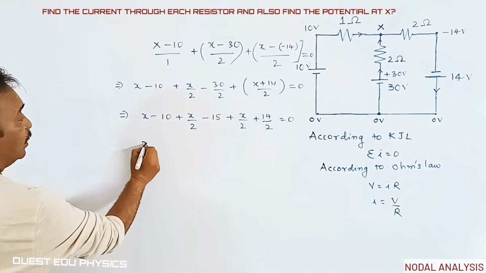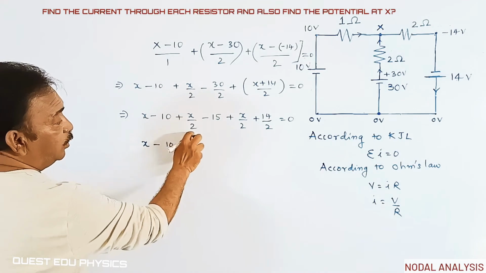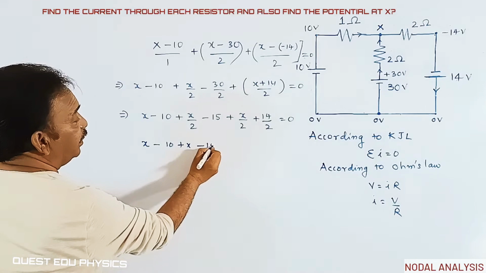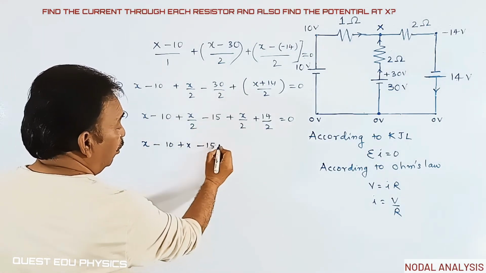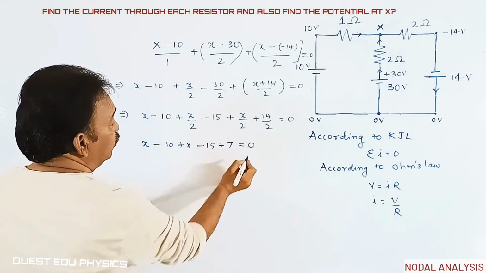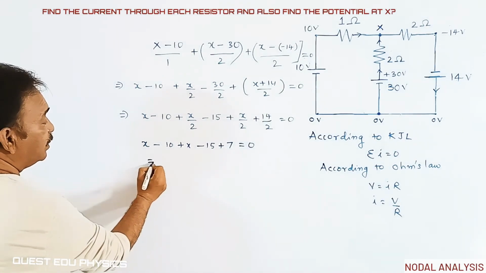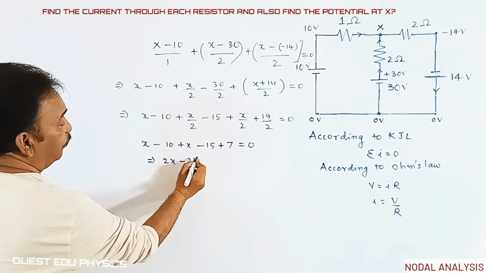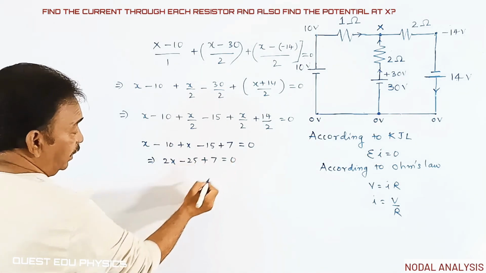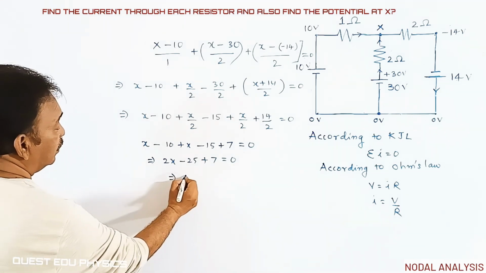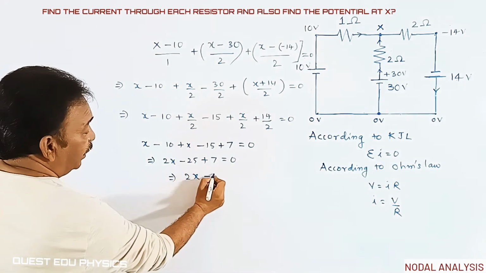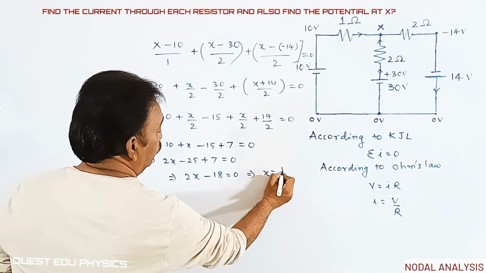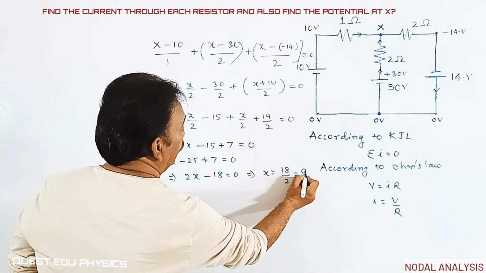In other words, X minus 10, X by 2 plus X by 2 plus X, minus 15 plus 7 is equal to 0. Or it can be written as 2X minus 25 plus 7 is equal to 0. It gives us 2X minus 18 is equal to 0, or X is equal to 18 by 2, which is 9.